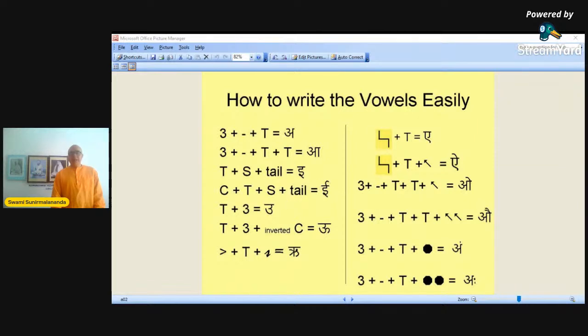It is called Dirgha. In order to write U, you can just write the number 3, or you may add a line above it.